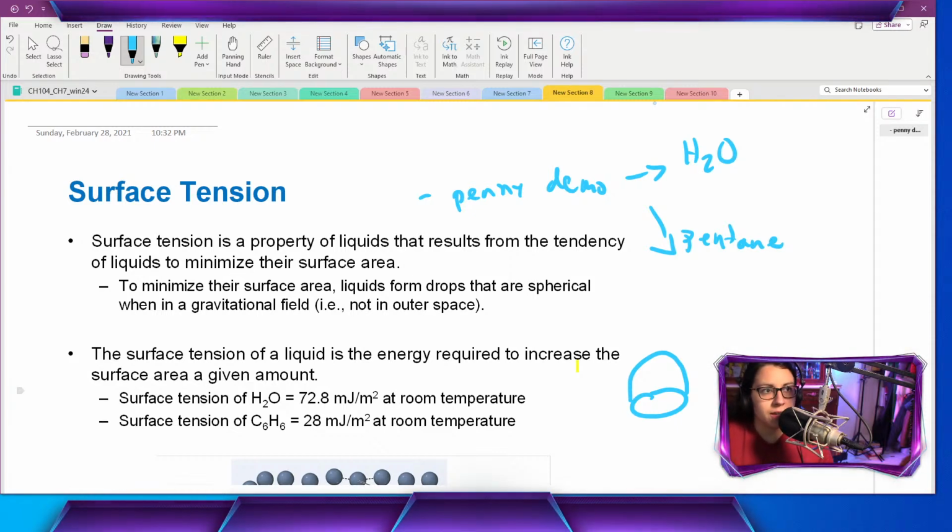It's holding itself together, while something with weaker intermolecular forces, like pentane, you would not be able to fit as much, and it tends to run off and pour over, since pentane does not have the hydrogen bonding. So much weaker intermolecular forces, so it's not able to bubble up like the water.